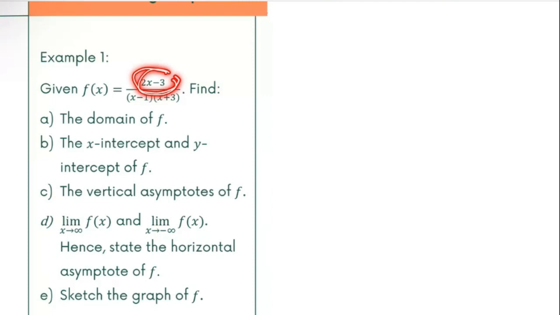So kalau linear dia always negative infinity until infinity. Tetapi kita ada denominator. Denominator ni boleh kosong ke tidak? Tidak boleh. So kat sini sebenarnya kamu dah boleh tahu, x cannot be equals to 1 dan juga x cannot be equals to negative 3.